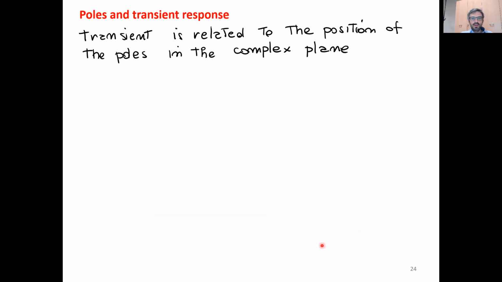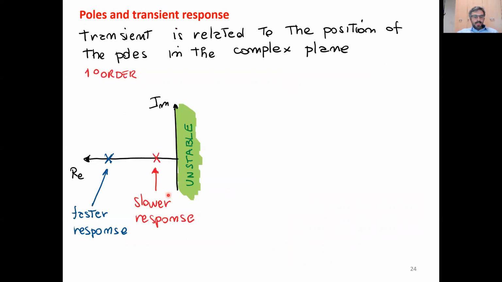And how are poles and transient response related? We said that poles describe the dynamics, and since the dynamics has to do with the transient, the poles have to do with the transient. Specifically, if we look at the complex plane, we have the real axis, that is the real part, and the imaginary axis, the imaginary part component.